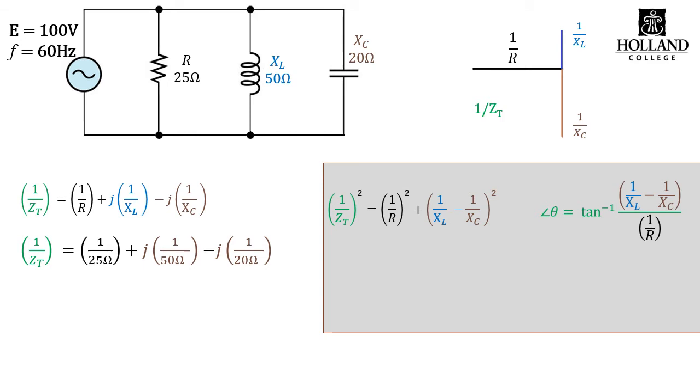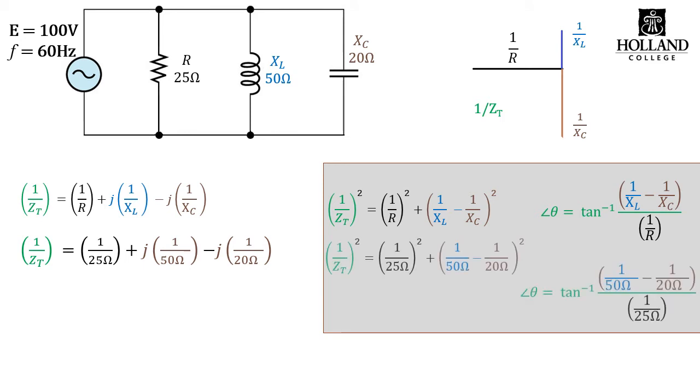So too, when you're taking the angle, you have to take the reactive reciprocal difference and then divide by the reciprocal of the resistance. If you perform this mathematical operation correctly, you should end up with 20 ohms at minus 36.87 degrees. It may take a bit of practice to get used to that, and it can be a challenge.